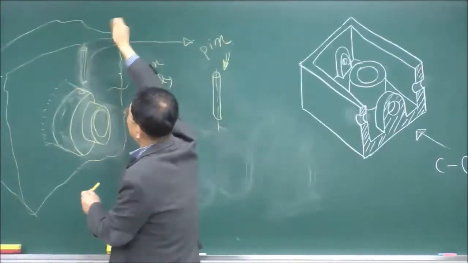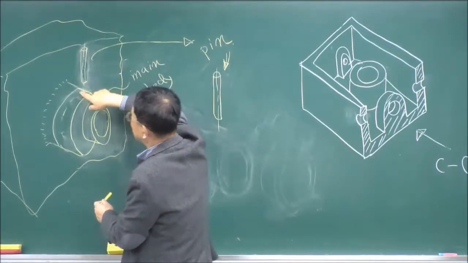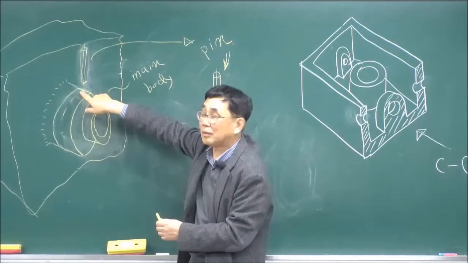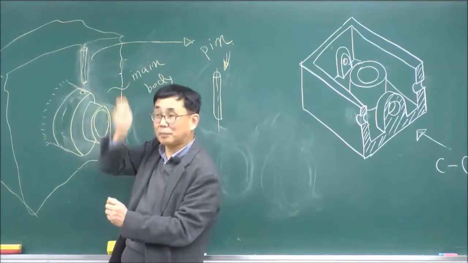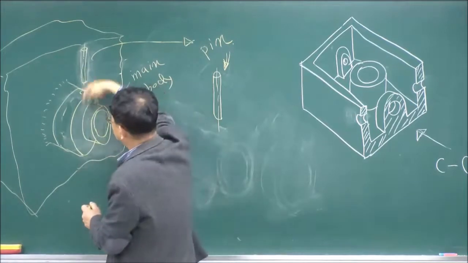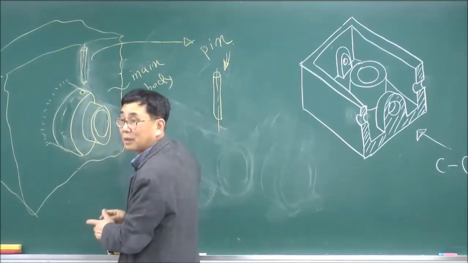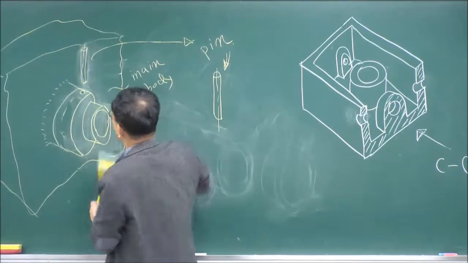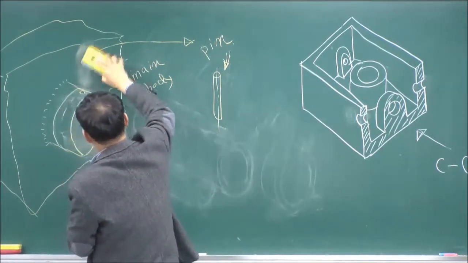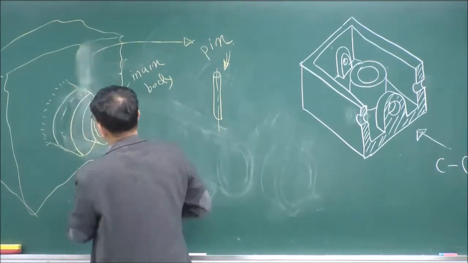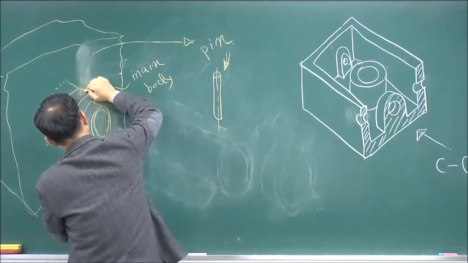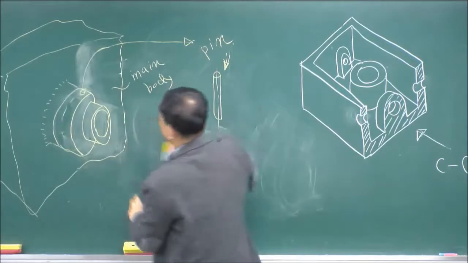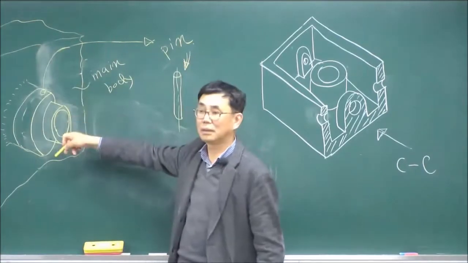Just using a hammer, you see the small through hole here. You may put this pin here, and using the hammer, insert the pin through the structure. So if the pin is inserted, then it looks like this. This is a pin, okay, right?